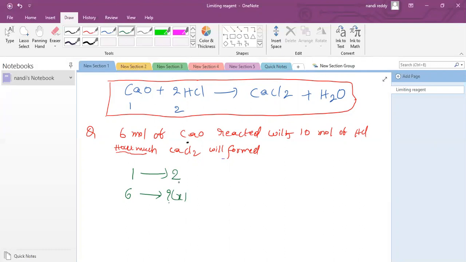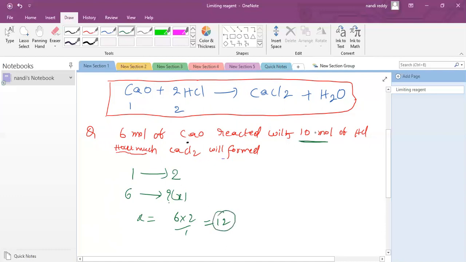First, do a little bit of stoichiometric calculation. x equals 6 into 2 by 1, nothing but 12 moles required. But in the question they gave only 10 moles of HCl, and we need 12 moles. So which is the lesser amount here? HCl.